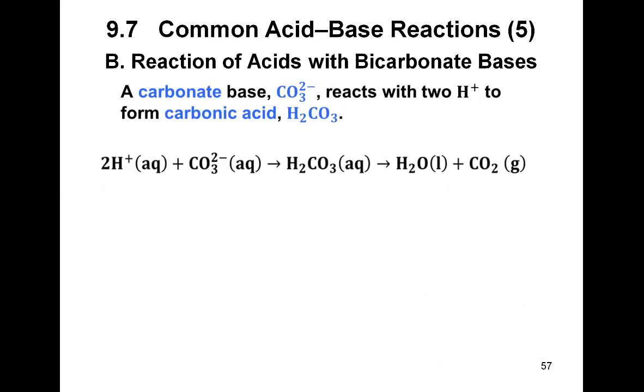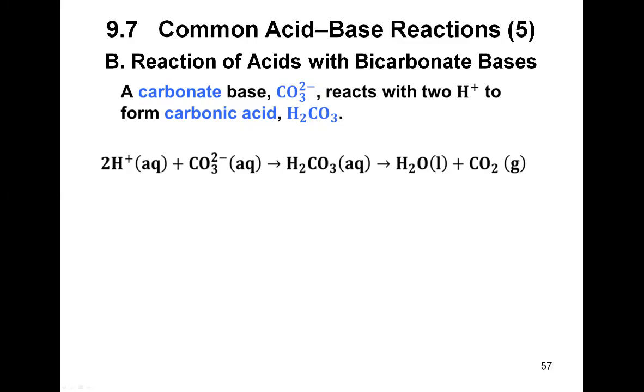Another type of reactions that we will look at is reactions of acid with the carbonate base. Here the title should be carbonate base. The carbonate base is the carbonate ion, CO3 negative 2. That's the carbonate ion, and it can react with acids and grab 2 H+ to form the carbonic acid, H2CO3.